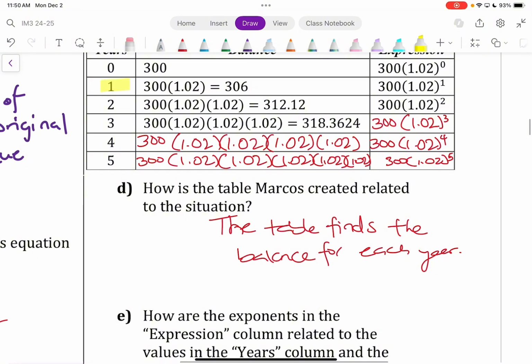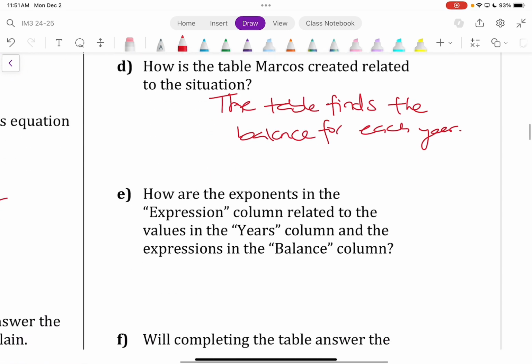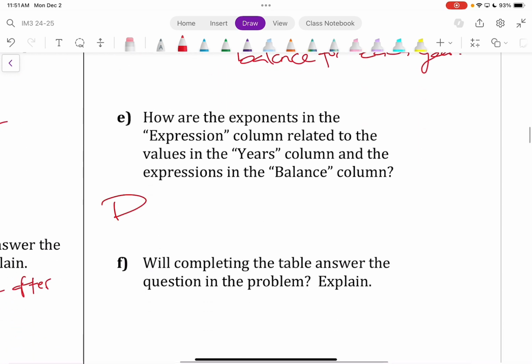So for year 1, what's my exponent? 1. For year 2, what's my exponent? 2. Year 3, my exponent is 3. Year 4, my exponent is 4. Year 5, my exponent is 5. You can kind of get the idea here that the year is directly related to the exponent.